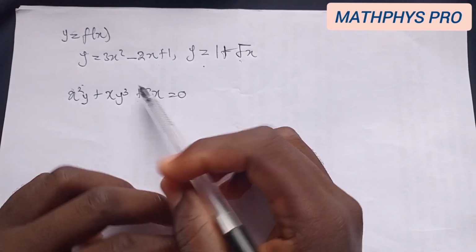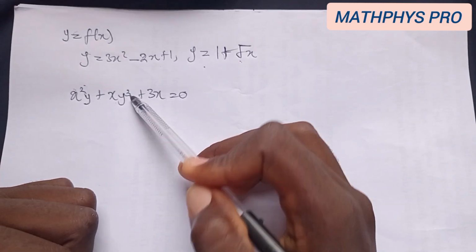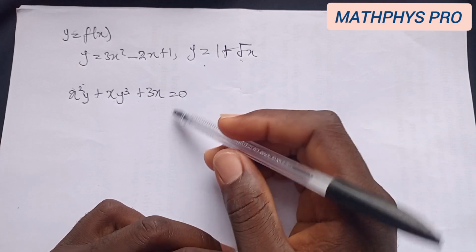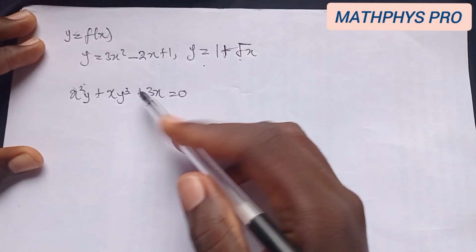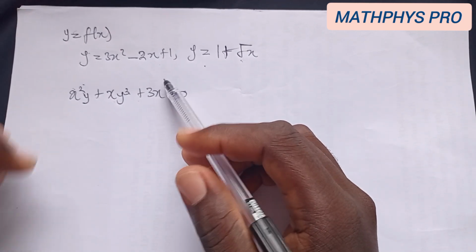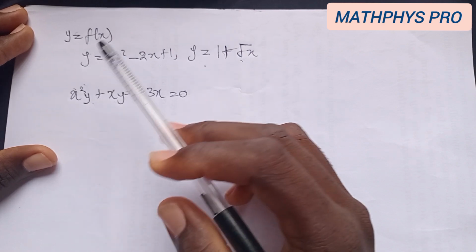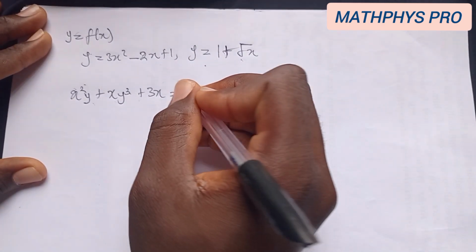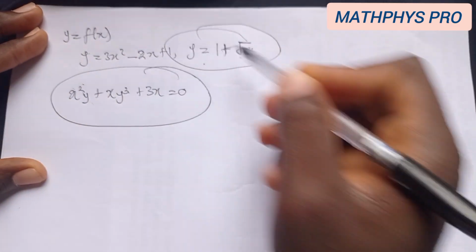In differentiating x squared y plus x y cubed plus 3x equals 0, y is treated as if it is a function of x, and the rules of differentiation are applied in the appropriate manner. This is an implicit function, and this is an explicit function.